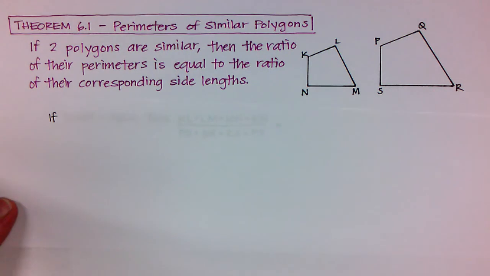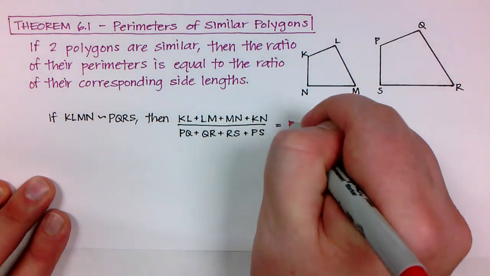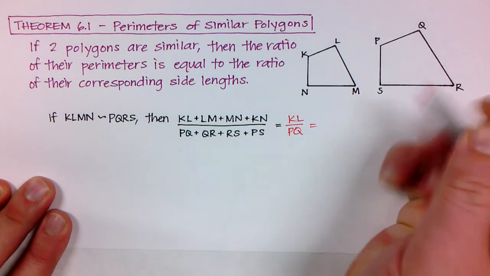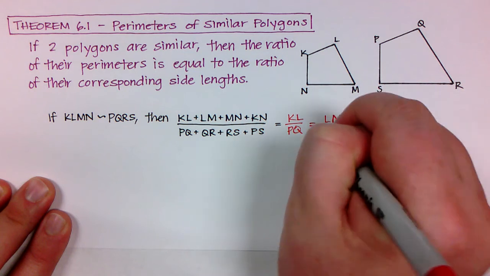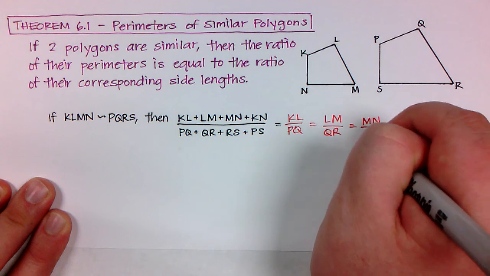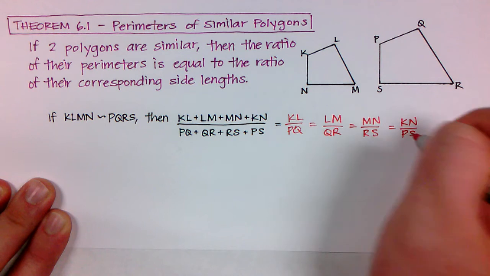Okay, so if those two polygons are similar, then finding the perimeter of the first one and relating it to the perimeter of the second one by adding up all of those sides, it's actually going to be the exact same as simply KL compared to PQ, which is going to be the same as LM compared to QR, which would be the same as MN compared to RS, and also KN compared to PS.